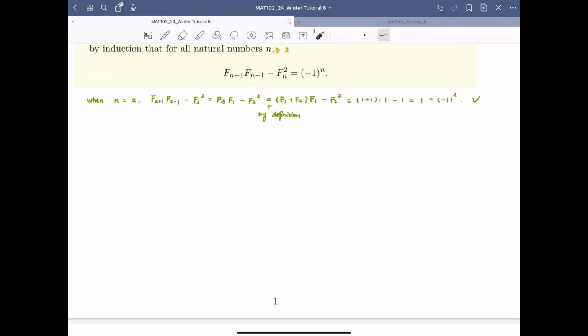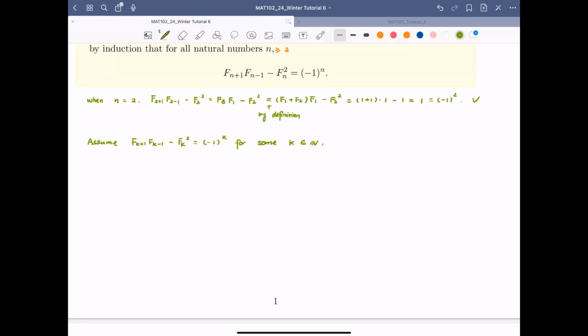Now, the hypothesis. Assume f of k plus 1, times f of k minus 1, minus f of k squared, equals minus 1 to the power of k, for some k in the natural numbers.